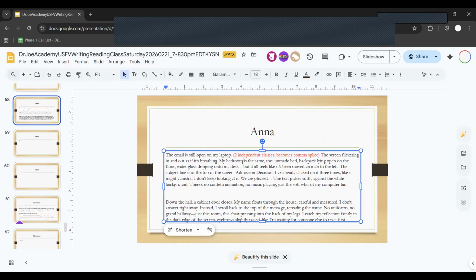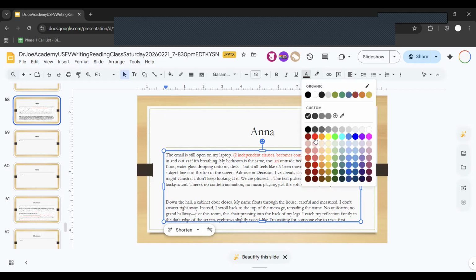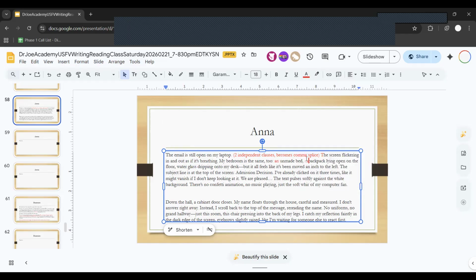And I see the effect you're going for here in terms of a parallel structure, but it kind of lacks that effect because you don't use the correct articles before each noun. Instead, it would be better if you write "an unmade bed, a backpack lying open on the floor, a water glass dripping onto my desk."